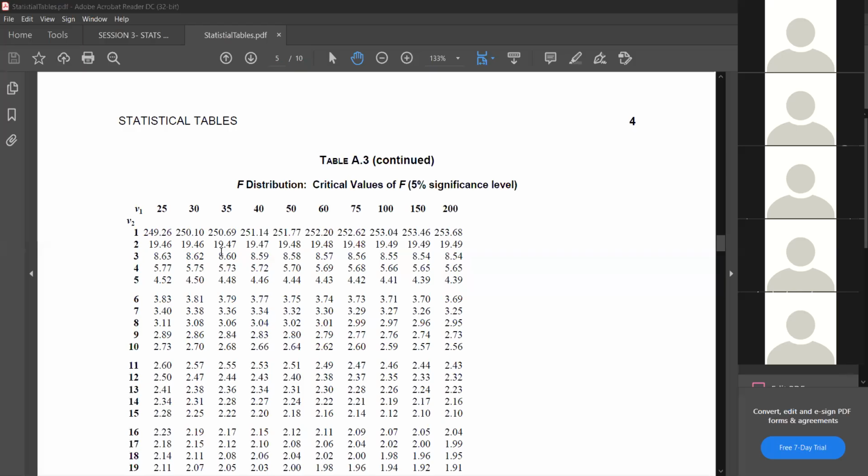Statistical tables. Please, can you see what I've projected? Hello? No, please. No, sir. Okay.